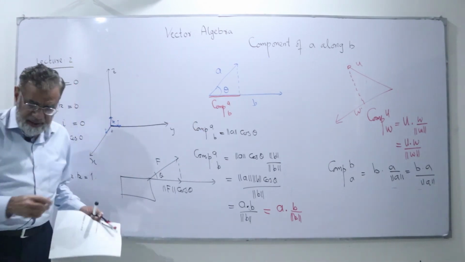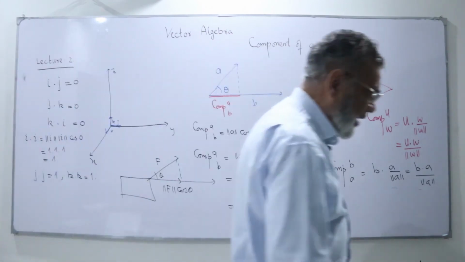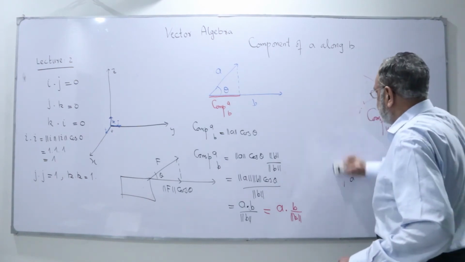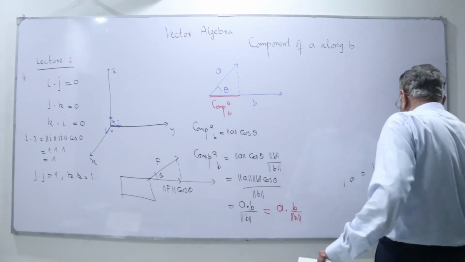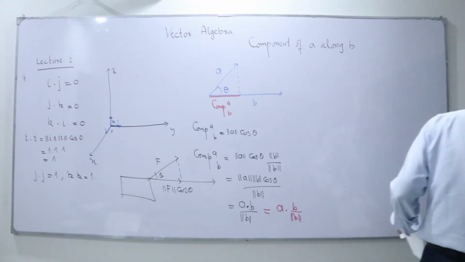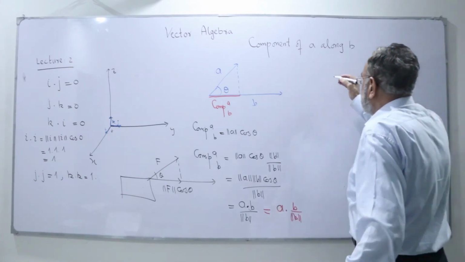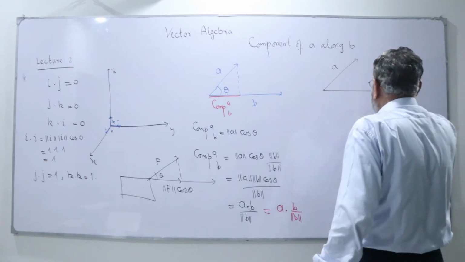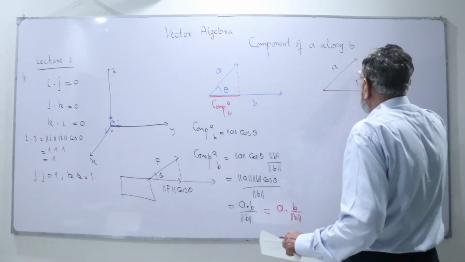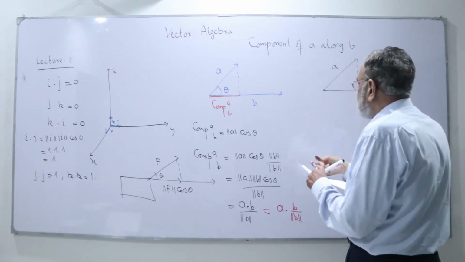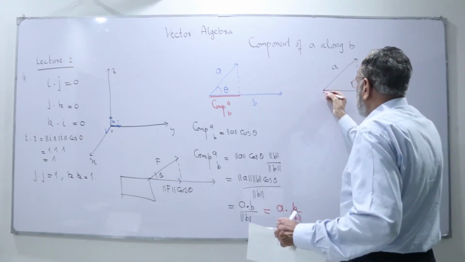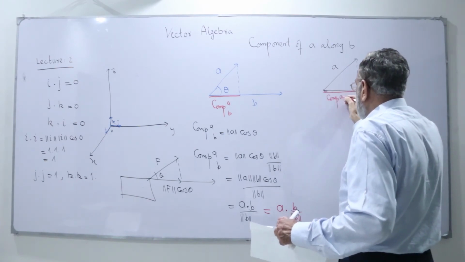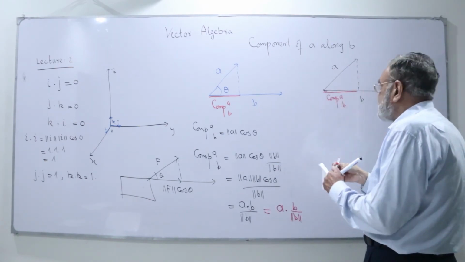There is some other extension of this, that we want to find the projection of this vector A on B. So projection will be a vector value. We have here this as the projection we want to find. This is my A, and here is my vector B. Then I have here the component of vector A along B. Now I want to find the projection.